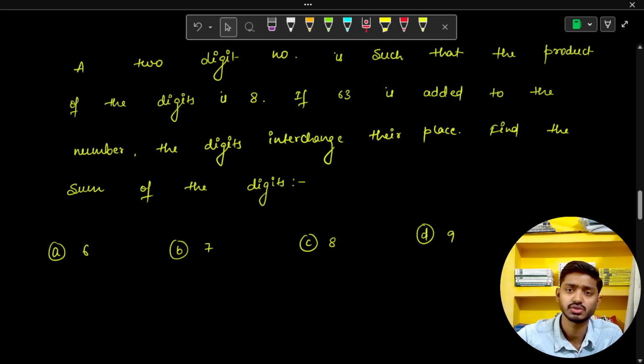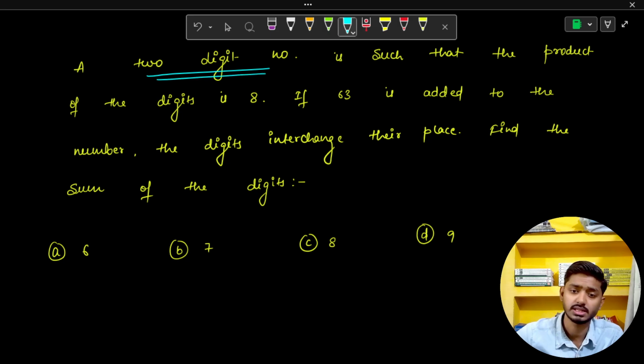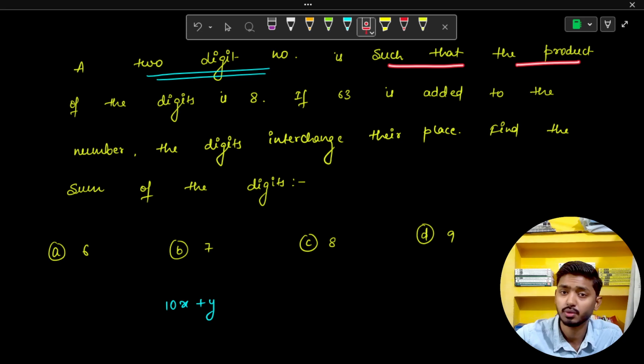Similar type of question. They have asked us a 2-digit number. Let's assume a 2-digit number which is 10x plus y, such that the product of the digits is 8.